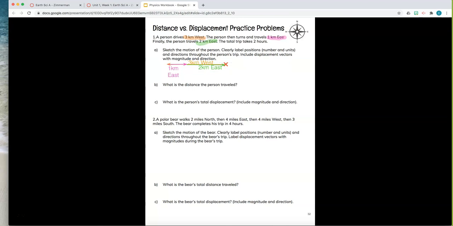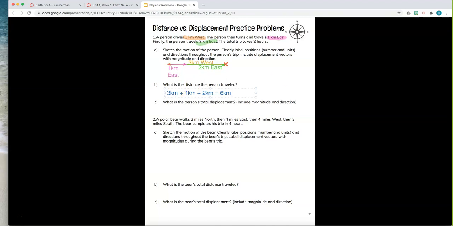So overall, we want to calculate the total distance traveled. We add up the 3 different distances. So the 3 kilometers plus the 1 kilometer plus the 2 kilometers will give us a total of 6 kilometers.